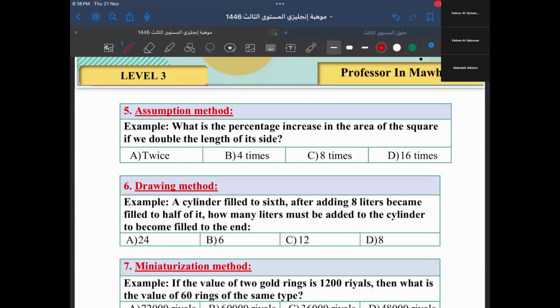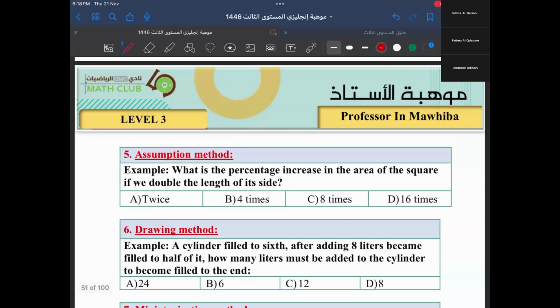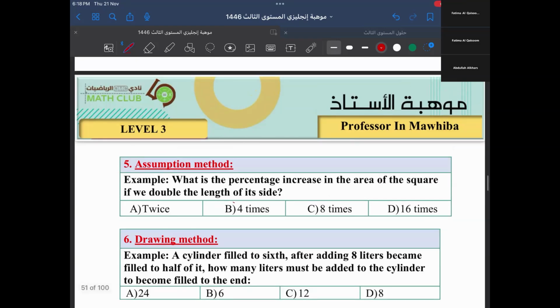Since the area of the square is side times side, and we doubled it twice, wouldn't it be 4 times? Yes, exactly, Mumtaz. The answer here will be B.